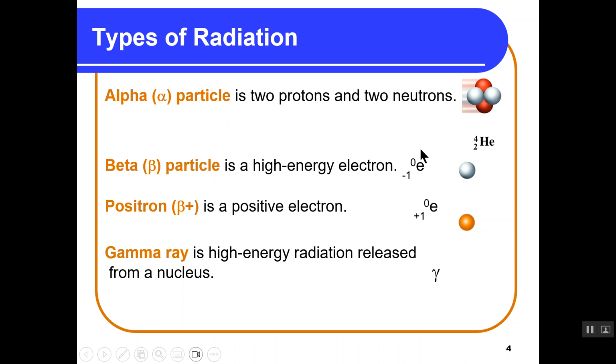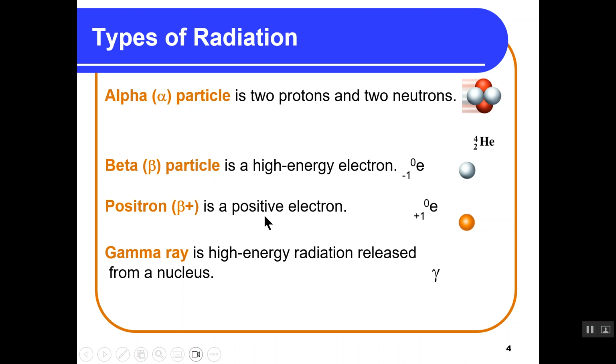The alpha particle, as we said before, is a helium-4 nucleus. It is made up of 2 protons and 2 neutrons. All right, so therefore that's why the mass number is 4. The mass number is the sum of the number of protons and neutrons. Now, the beta particle is basically a high-energy electron, as we said before, and we designate the atomic number as being -1 and the mass number being 0. The positron is also called the positive electron.